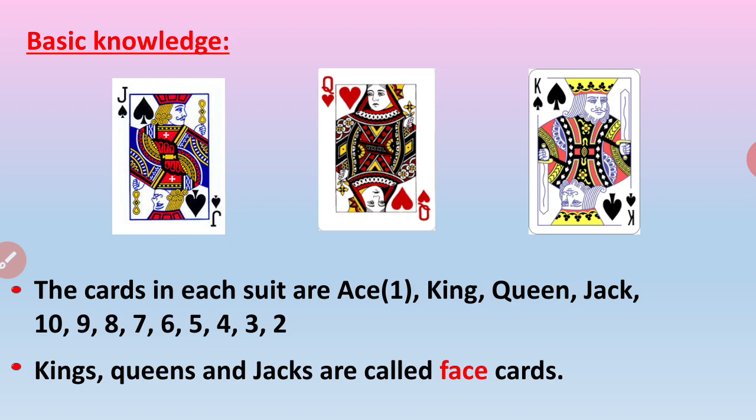Now when you look at these 3 cards, you will see that the faces are shown only in these 3 cards, which are represented by either J, Q or K, that is jack, queen or king. So these are called face cards, whereas the other cards wherein you have just the numbers are called number cards.